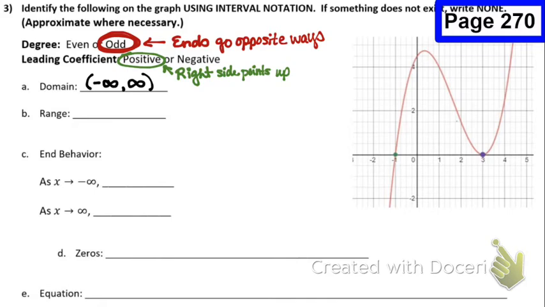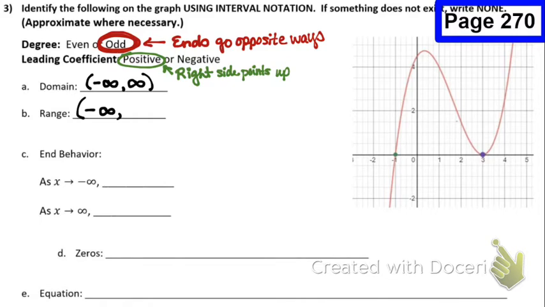Range. What am I looking at for the range? The y's. We always start with the smallest value, so I'm looking down. Does one end point down? Yes. So is there a smallest y? Negative infinity. Keeps going down forever. Then I want my maximum next.